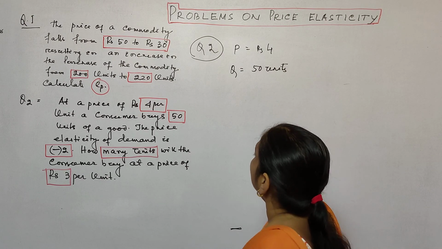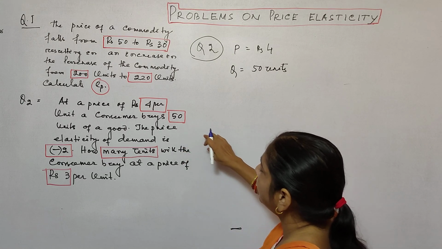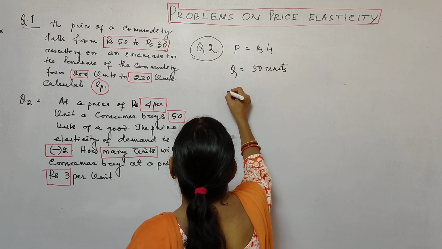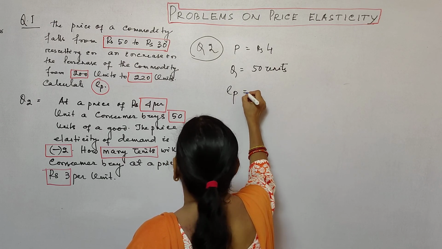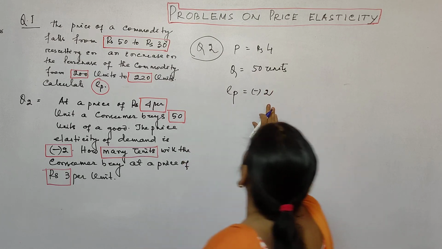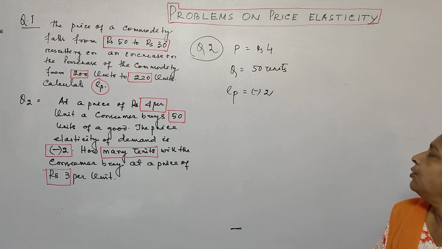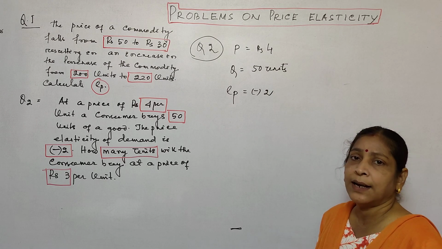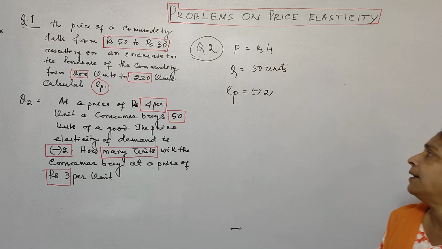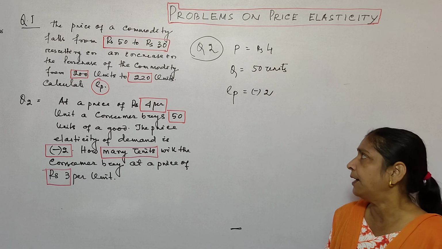What is the other information given to us here? The price elasticity of demand is 2. EP is given, EP equal to 2. There should be a minus sign, because we know that the sign of price elasticity of demand is negative, due to the inverse relationship between price and quantity demanded.